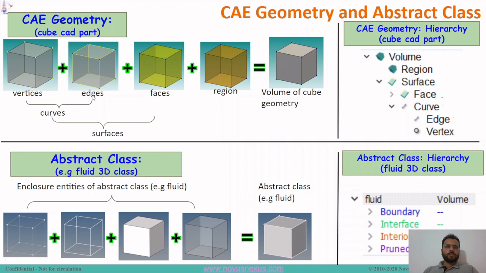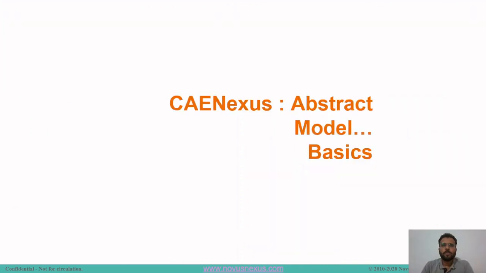Similar to CAD geometry, in an abstract class, let's say the fluid class, there are its vertices, its edges, its faces and its region. So until now we understood what an abstract class is and how it is used to define CAE objects independent of geometry. Let's now understand some basics of the abstract model.